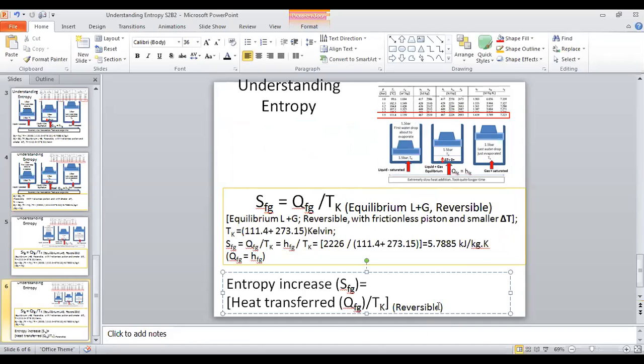This system is naturally vapor and liquid in equilibrium, but for us the important thing is that it is reversible.